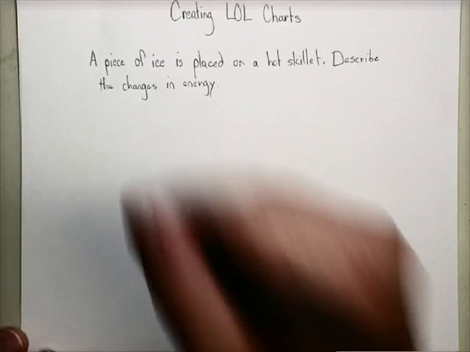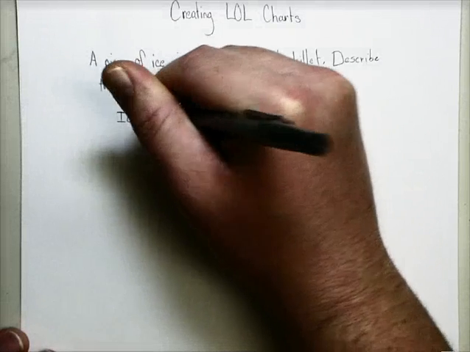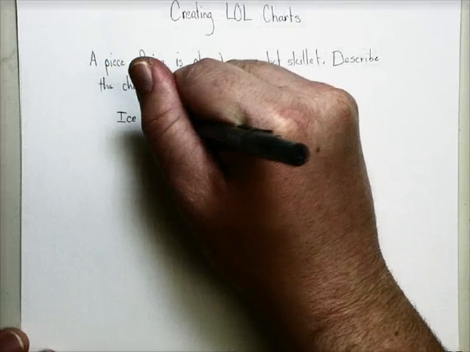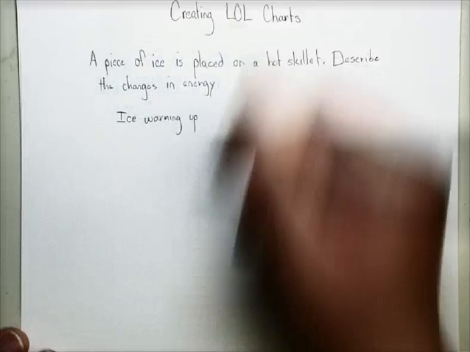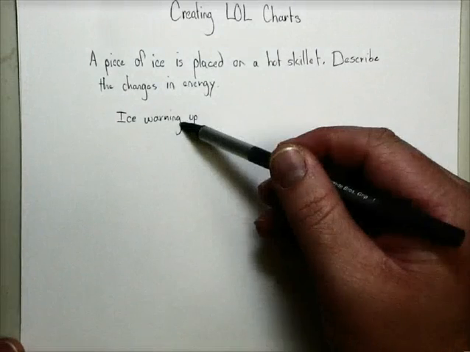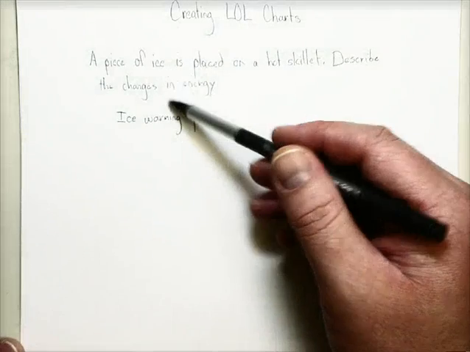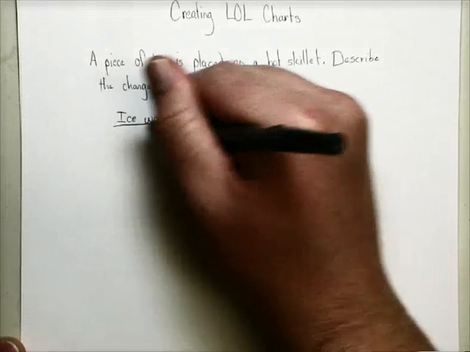So let's look first. We have the ice warming up. So that is when we first throw it in there, the ice heats up, and that is going to cause increases in temperature. So we have this place where the temperature is increasing.